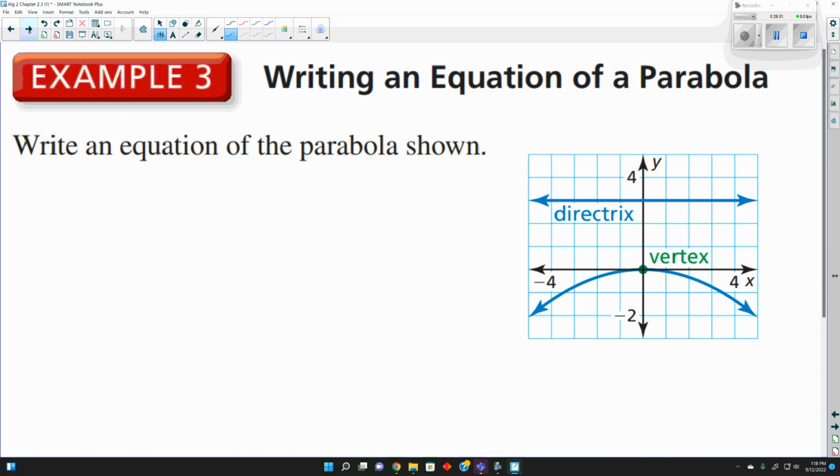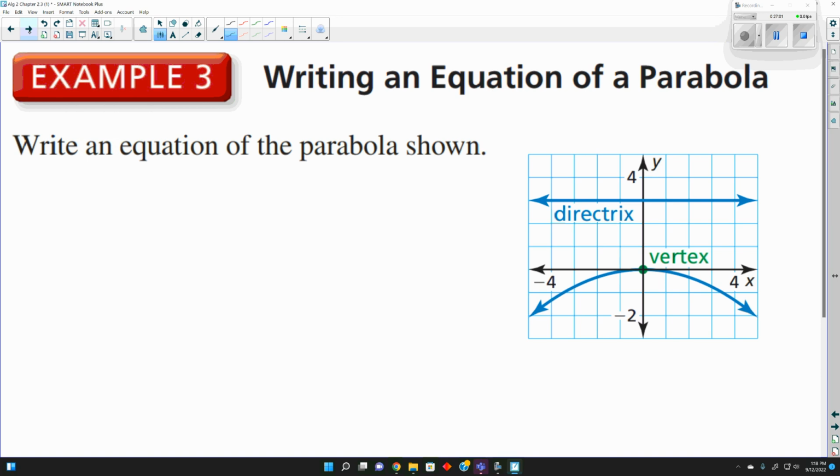So, write an equation of the parabola shown. So now we're going to write the equation. Questions, Quincy? Questions? No? So, let's see what they gave us. They gave us the vertex, which is 0, 0, yes? Well, for both of these equations, the vertex is 0, 0, yes?